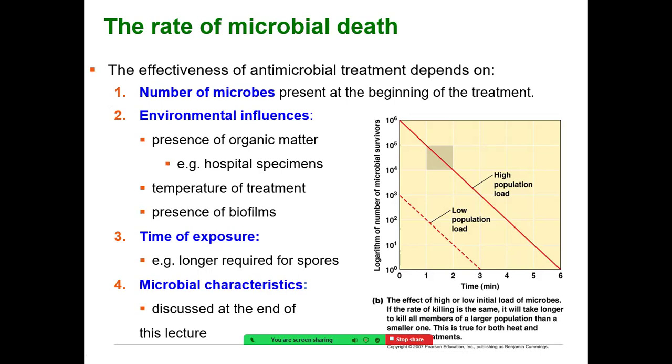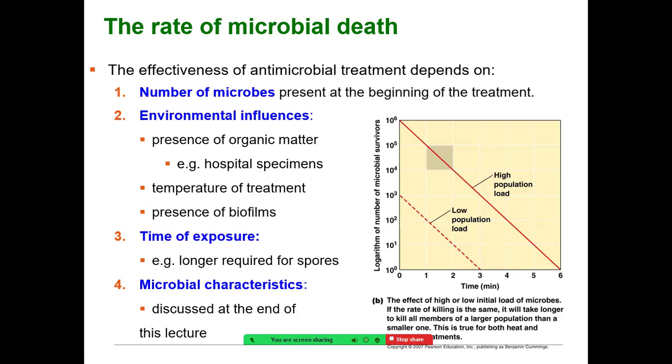Like bleach, for example, is easily inactivated by organic matter. This is important because with hospital specimens, whenever we're talking about microbes, there's usually a lot of organic matter around. Like if you're using bleach to clean up a fecal smear, you have to use lots of it because the organic matter in the smear will inactivate the bleach.